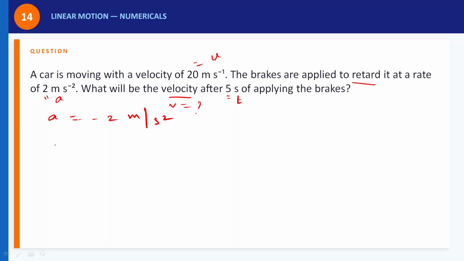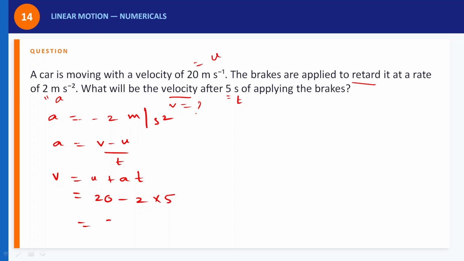Same formula, a equal to v minus u by t. Otherwise we can write the first kinematic equation, v equal to u plus at, where u is 20, a is minus 2, and time is 5 seconds.